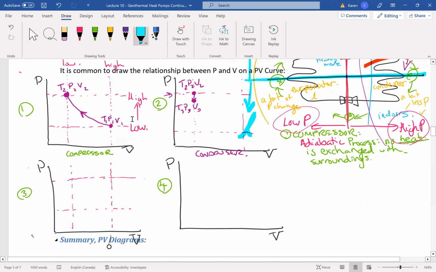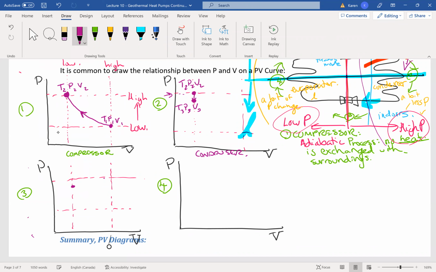So where am I right now? I'm right here going into the expansion valve. So I start my expansion valve here, at T3, P3, V3, right? And then I'm going to end it. I'm going to expand the volume, so I must be going this way to this high volume line.